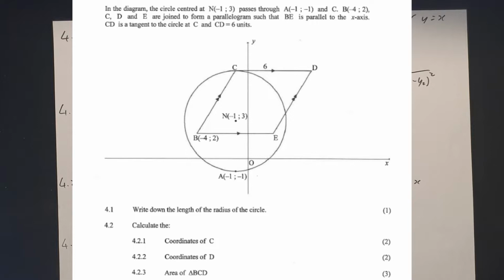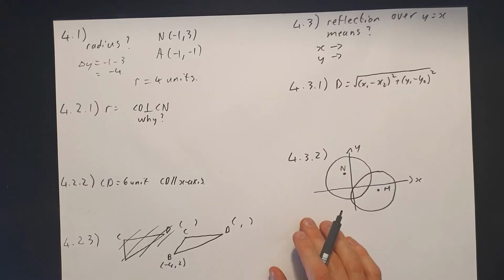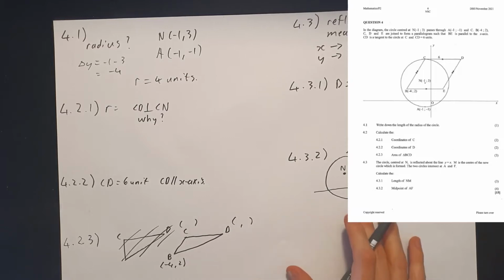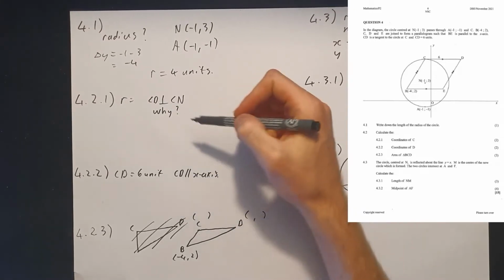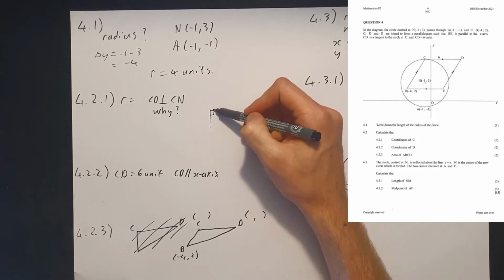Now 4.2.1 says the coordinate of C. So now we're looking for C. One thing that we do know, it says at the top that CD is tangent to the circle at C, which means at point C, the radius of the circle and the tangent are at 90 degrees.